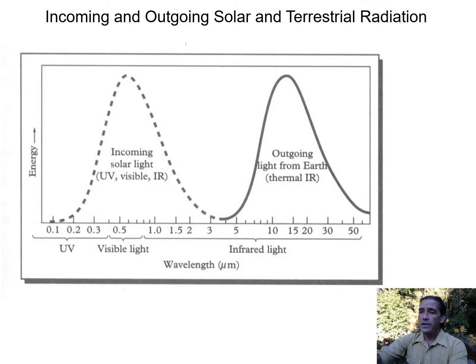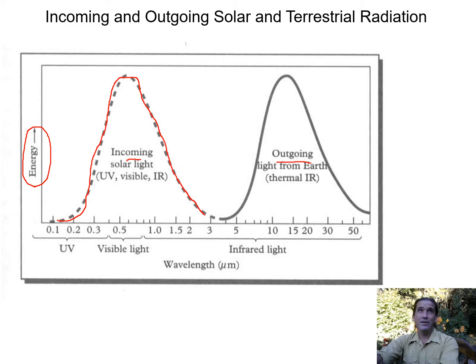And so here again, we have a different view of the energy coming in and the energy coming out. And so what we see is that what's coming in from the sun, at least most of the energy, is centered somewhere in the visible range. And when we look at the sun, we see that yellow color, which is at a wavelength of about 500 nanometers.